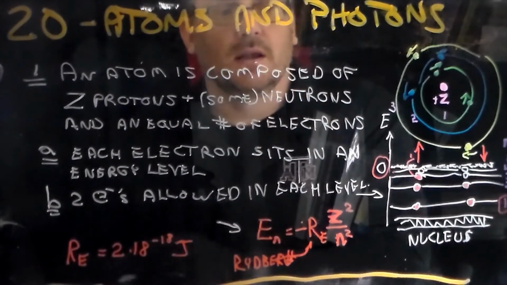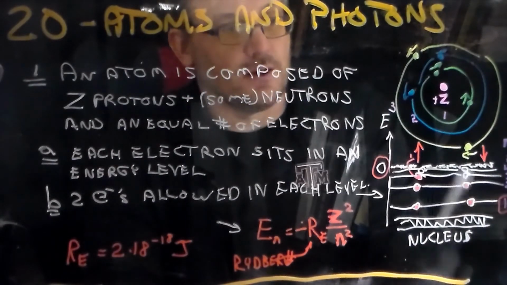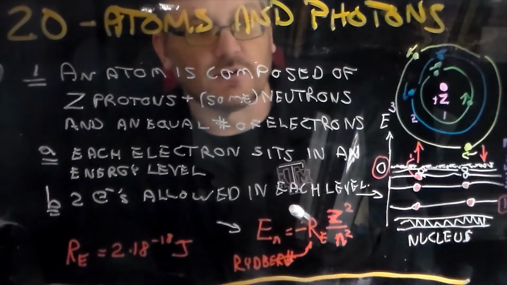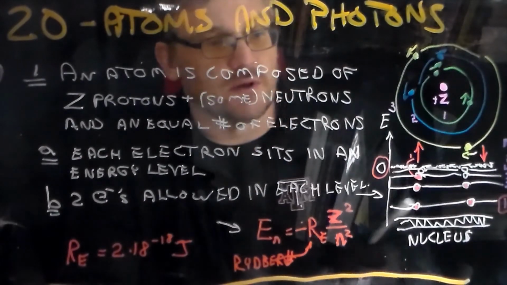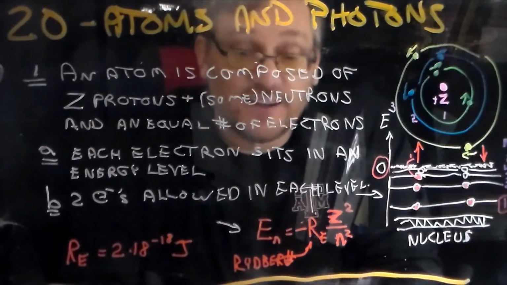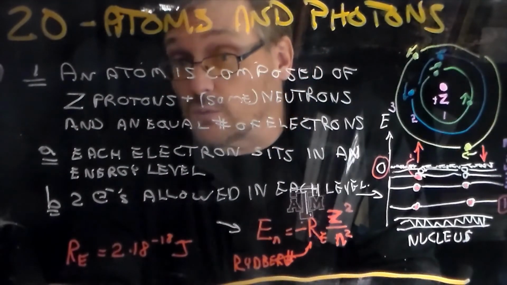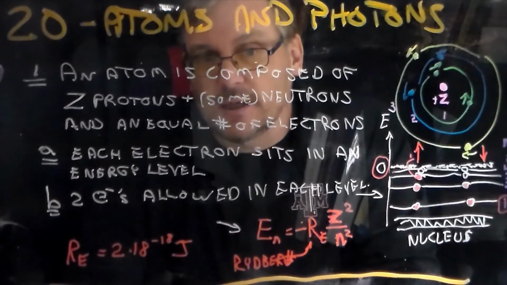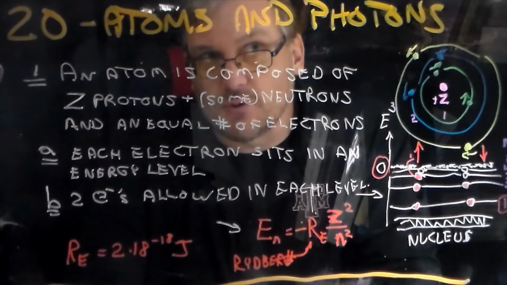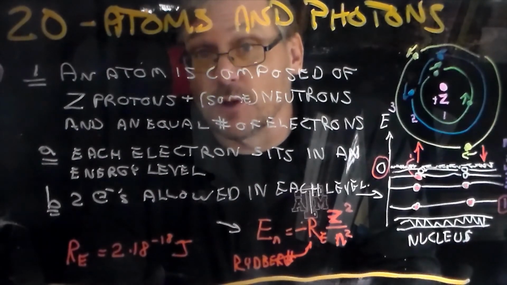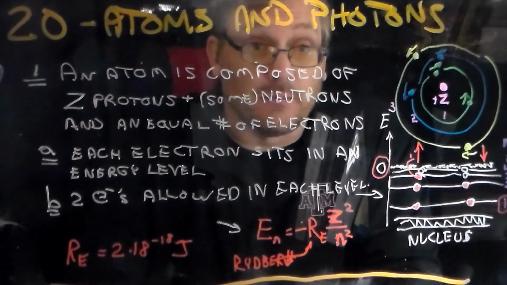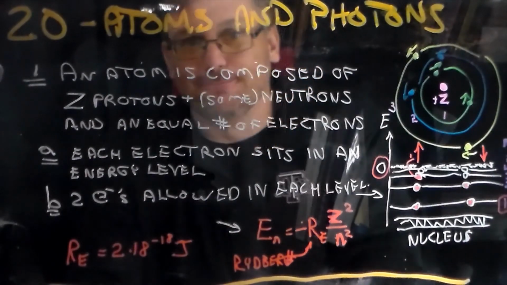So that's this thing here. We have the spin up, spin down, going clockwise or counterclockwise. That's the two different electrons, and each one is in one of these specified levels. So that's pretty much our model of the atom that we're going to use. And next I'm going to talk about how that model is used to describe how interactions occur between the atom and the electric field. All right? Bye.